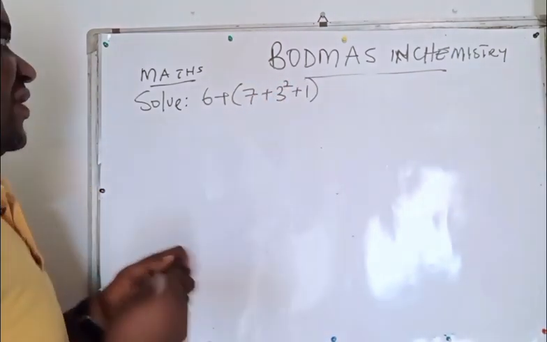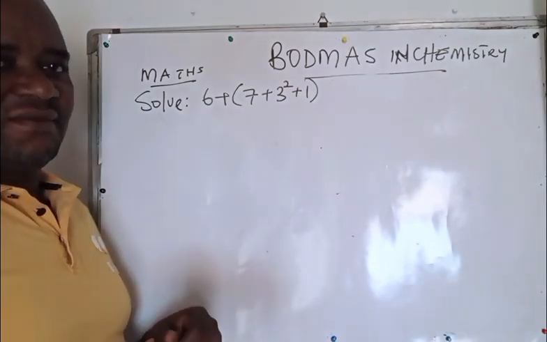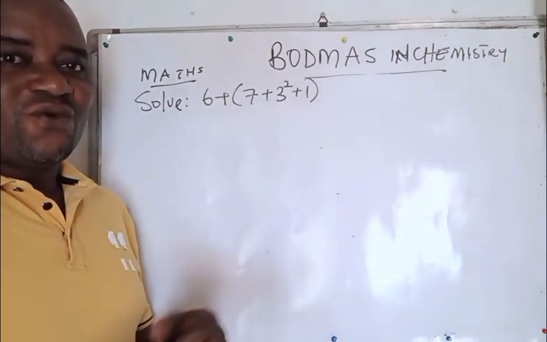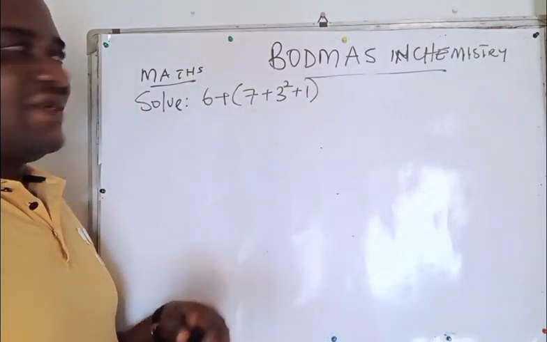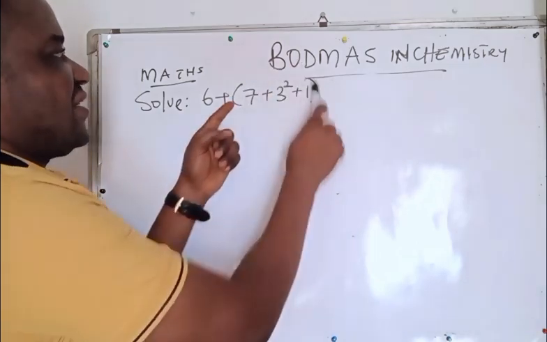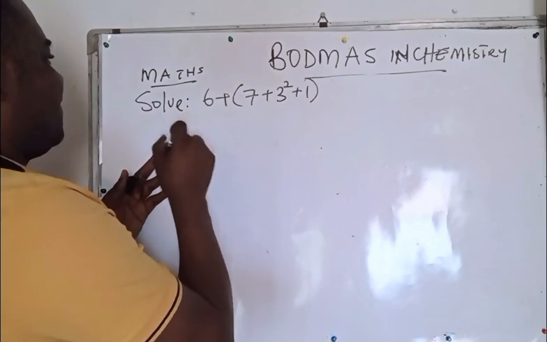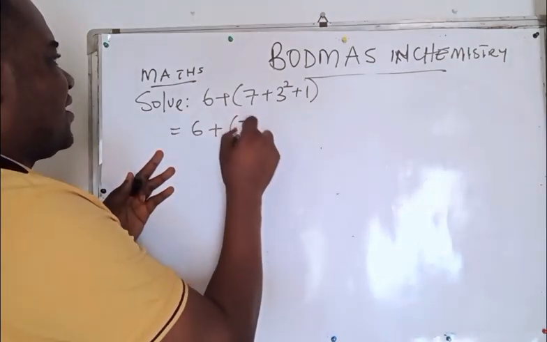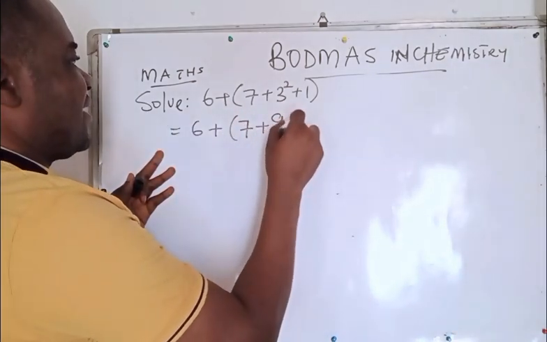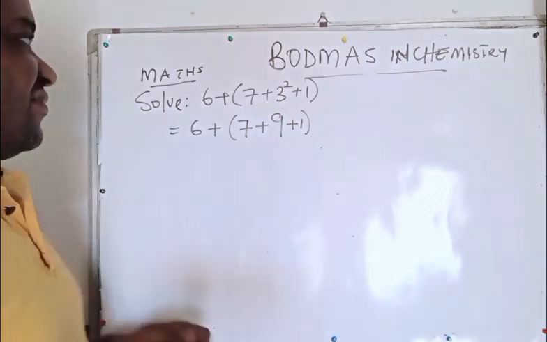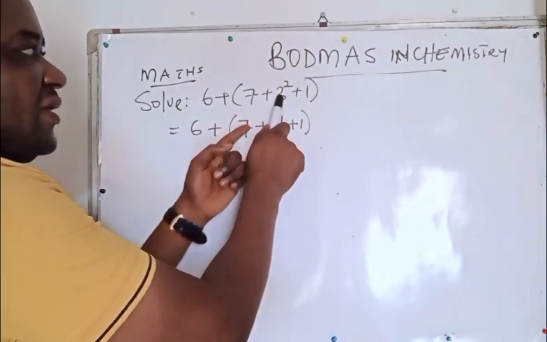How do we go about it using BODMAS, bracketing order? So we look at what is in the bracket first. Now we can have 6 plus 7 times 9 plus 1. We solve what is in the bracket first.